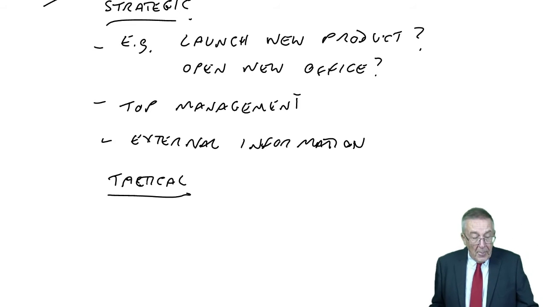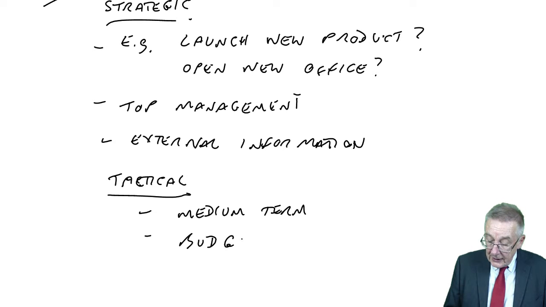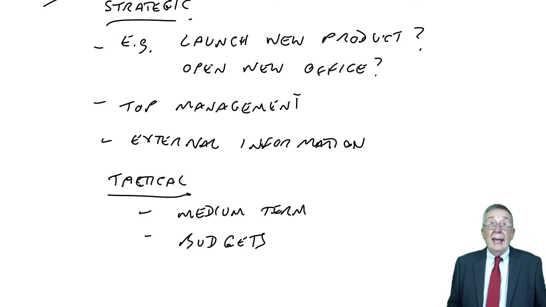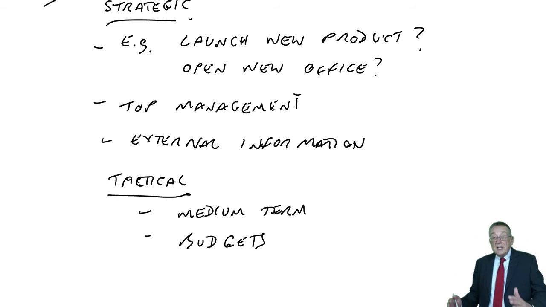So tactical, it tends to be more medium-term decisions. These things like preparing budgets for next year or the next few years in order to implement the long-term strategic decision.